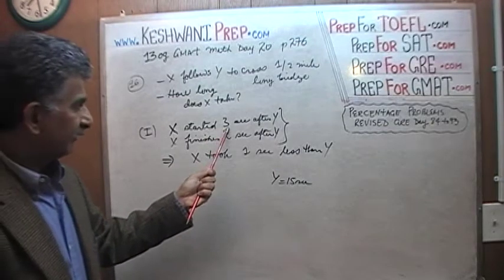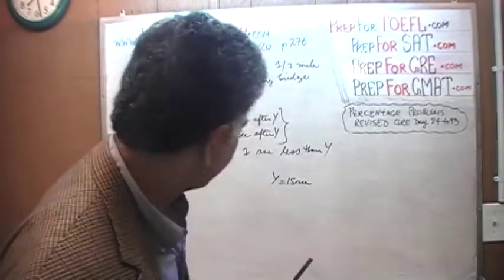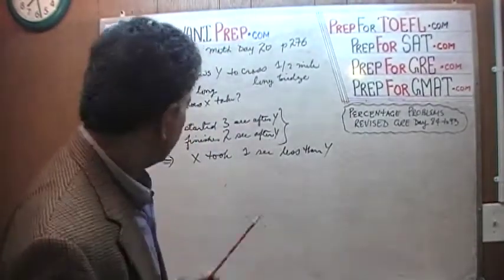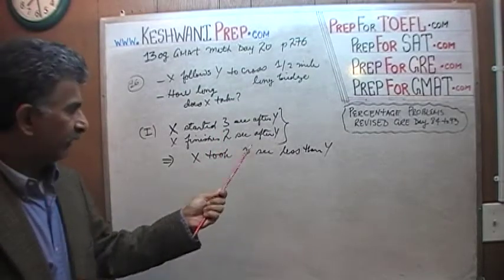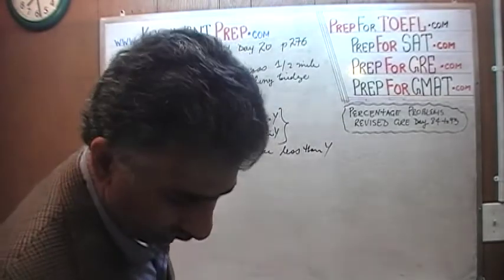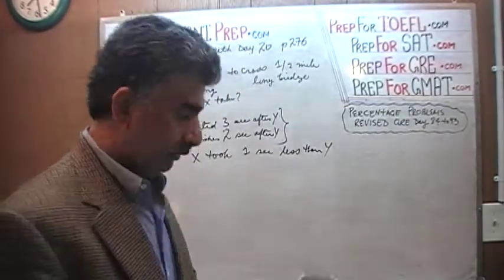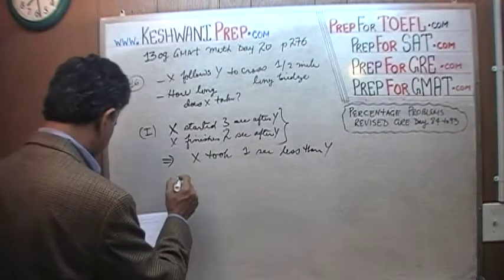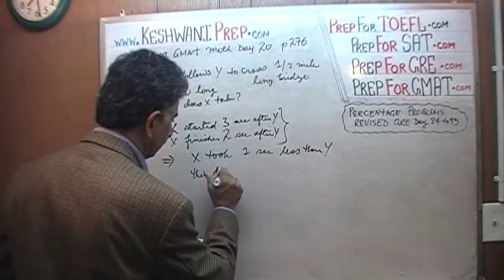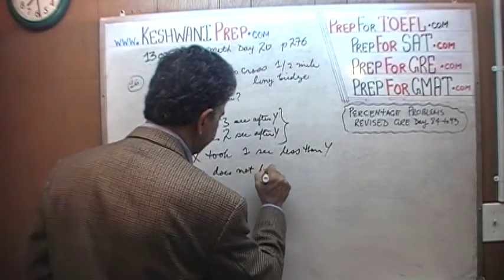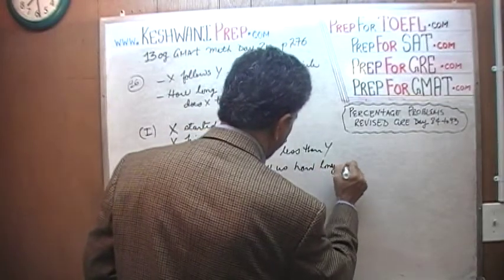I'm explaining too much, it's not necessary for me to explain. He started 3 seconds later, but he finishes only 2 seconds after the other guy finishes, so obviously he took 1 second less than Y. But this does not tell us how long X took.